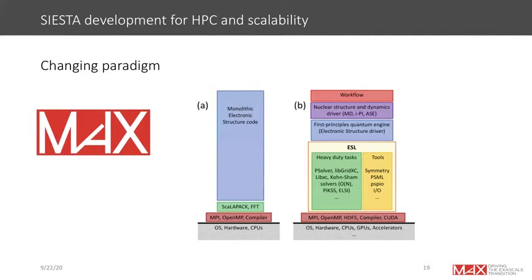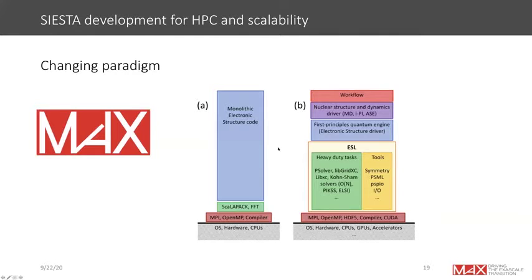But let me mention in this context something which again is close to my heart, which is we are re-engineering codes, and Max is very much at the heart of bringing electronic structure codes towards exascale computing, but we're not doing it in the old way. We're changing paradigm, and this is something that we have been pushing for some time.